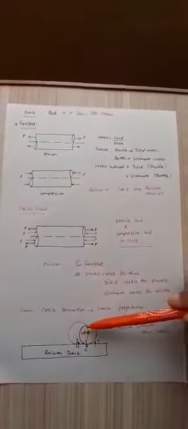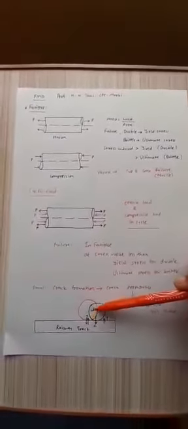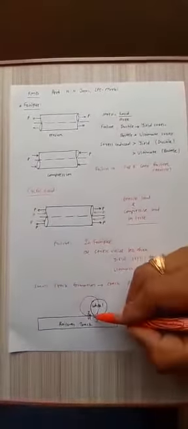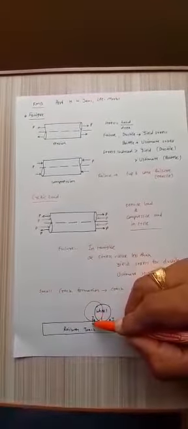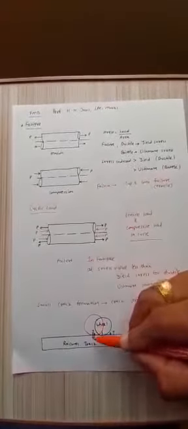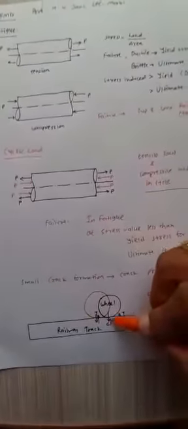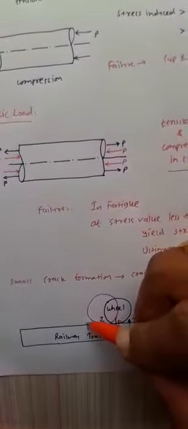But when the wheel moves to the left, suppose this is the new position of the wheel, the fibers which were subjected to tensile load are now applied with compressive load, and the fibers which initially had compressive load now have tensile load generated.